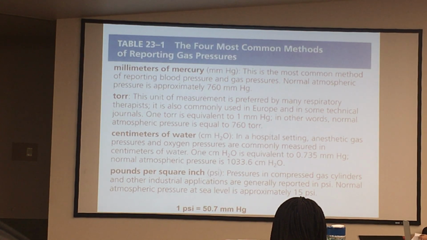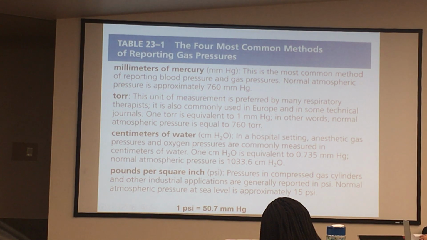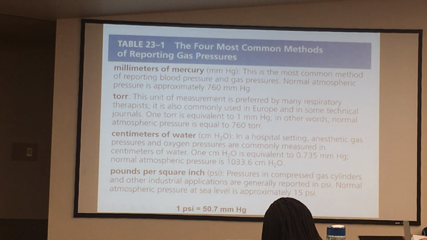Some terms, like pressure in mercury, are not important. PSI, which some English-speaking countries use, means pounds per square inch, roughly equal to 50.7 millimeters of mercury.